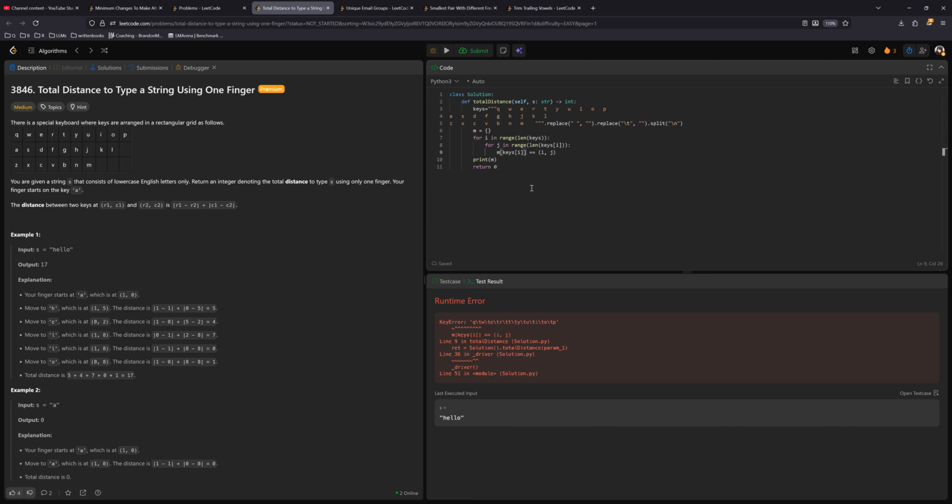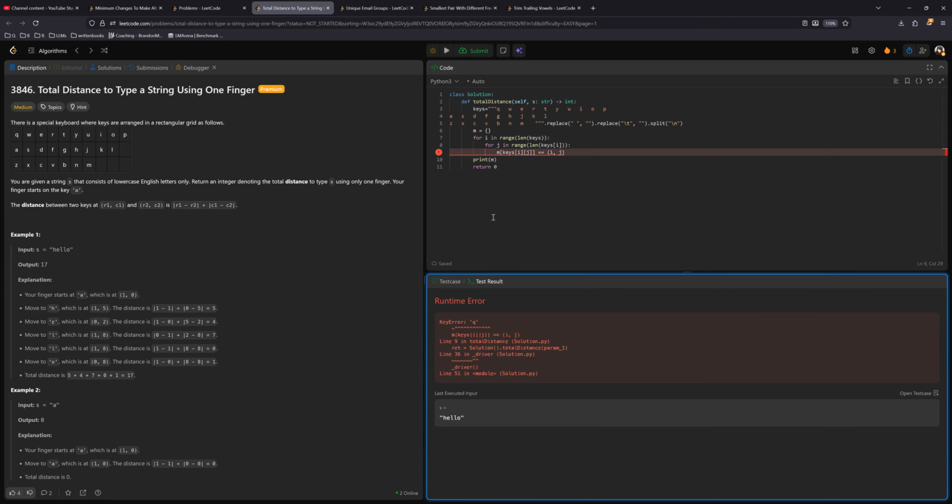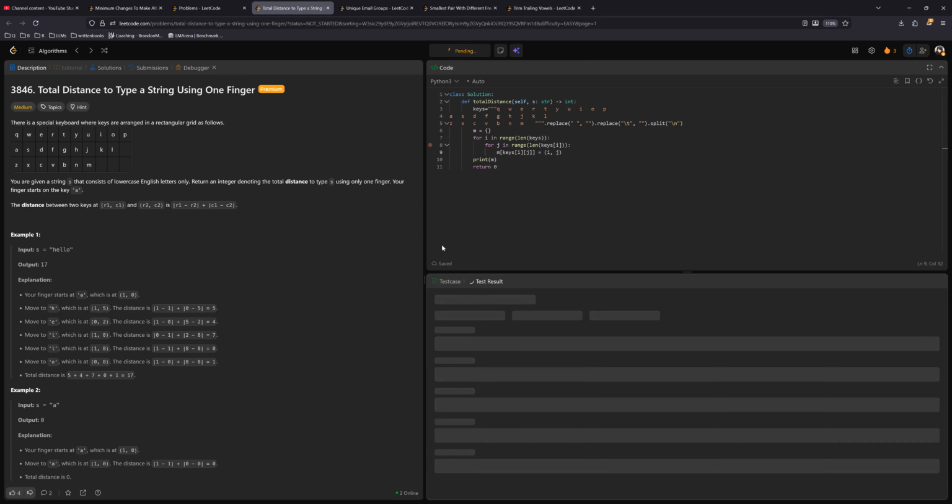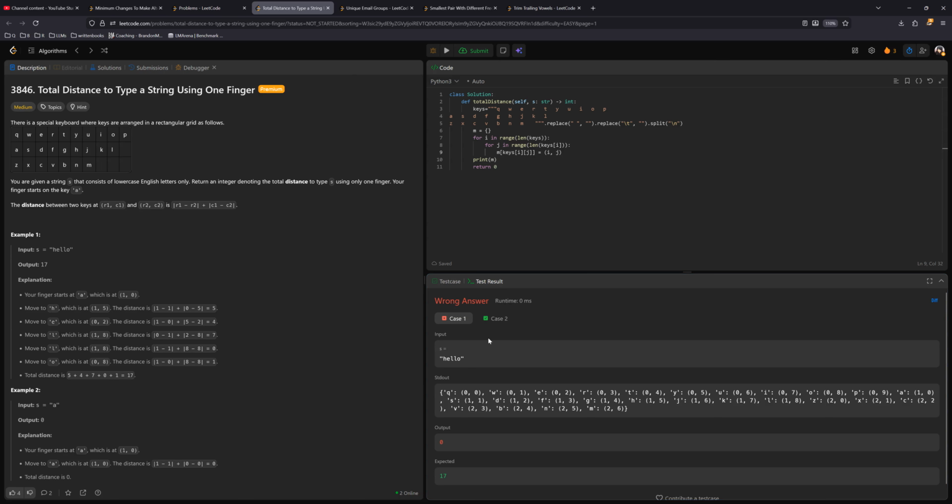Keys of I of J, I guess, is what I wanted. Key error Q. Okay. 0, 0, 0, 1. Okay, it looks good to me.